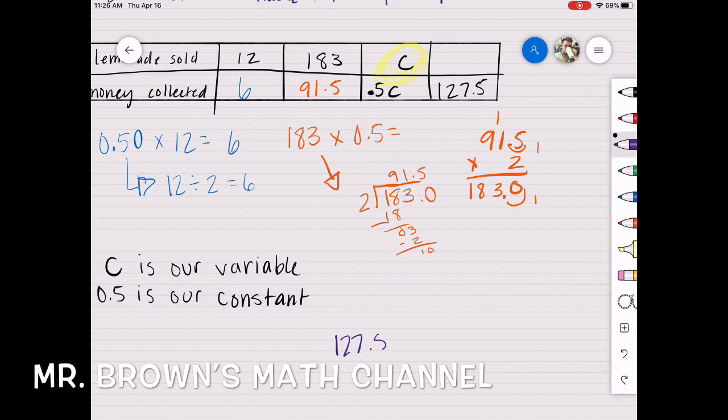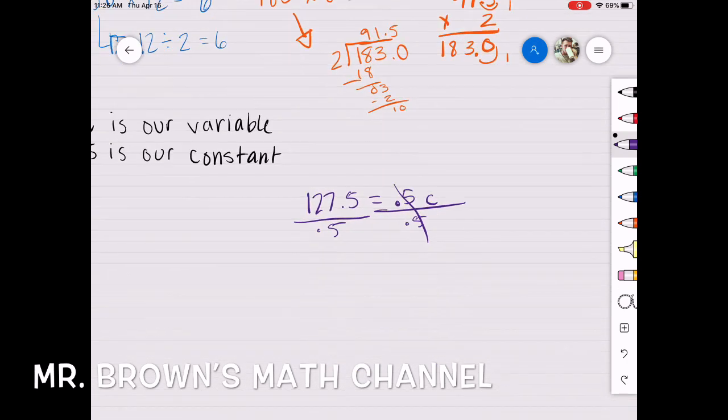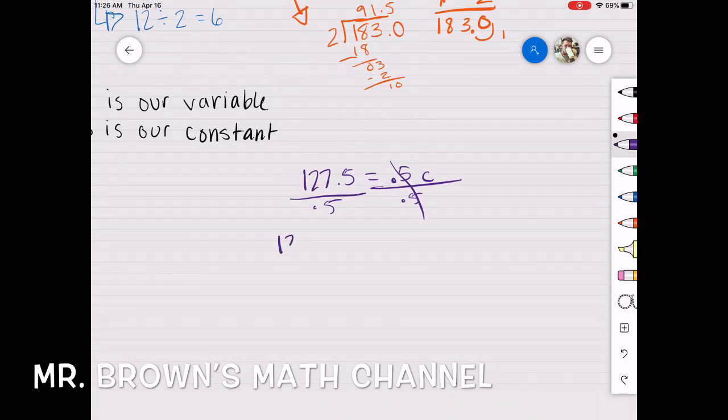Okay, so now we're going to be moving on to $127.50 collected, and we need to figure out how many cups of lemonade she sold to get that money. So we're going to fill in our problem and say 127.5 is equal to 0.5c. I'm isolating c by itself by dividing out 0.5 on each side. So on our right side, we have 0.5c divided by 0.5, and we'll take away that 0.5.